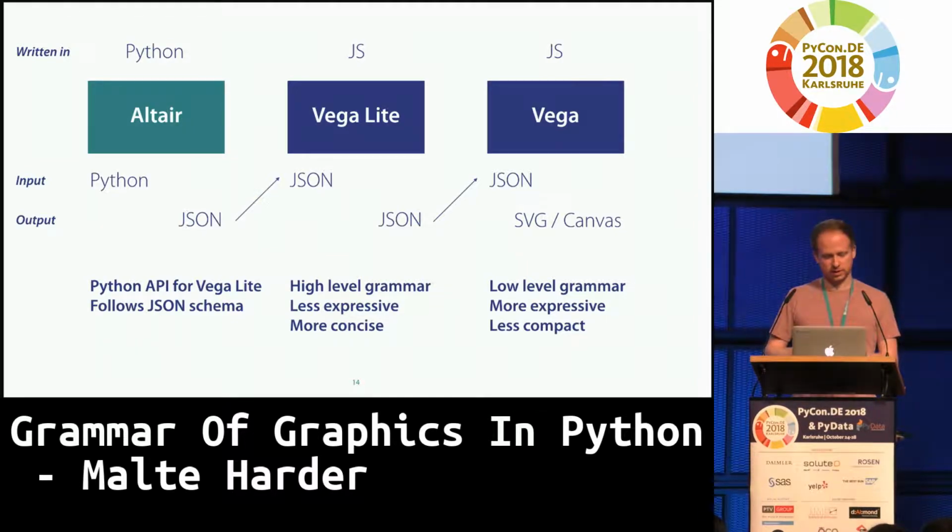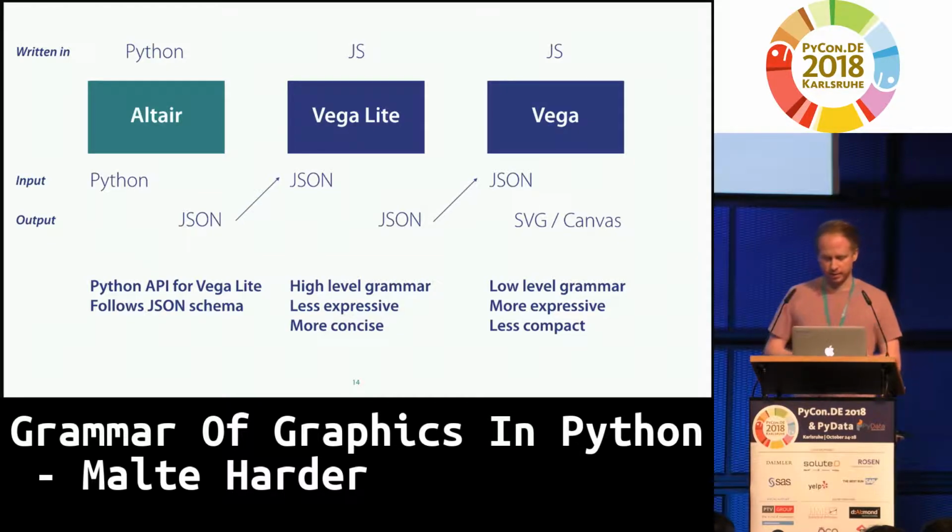Also because there's a difference between these two JSONs. Vega-Lite is a high-level grammar. It's a bit less expressive, but way more concise, and we'll look at an example in the next slides. Altair is basically the same specification, partially even auto-translated from the JSON schema. So you have an API that follows it quite closely, but allows you to create these JSONs in a very Pythonic way.